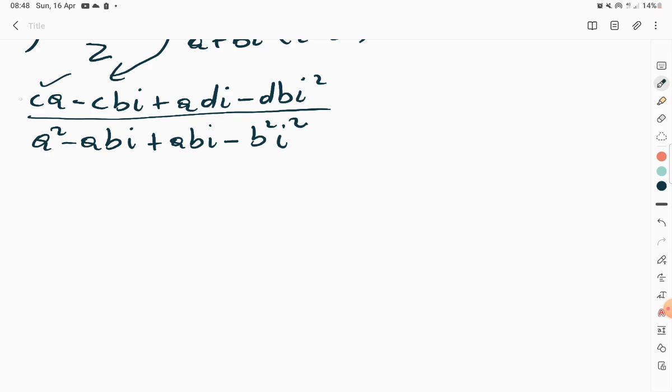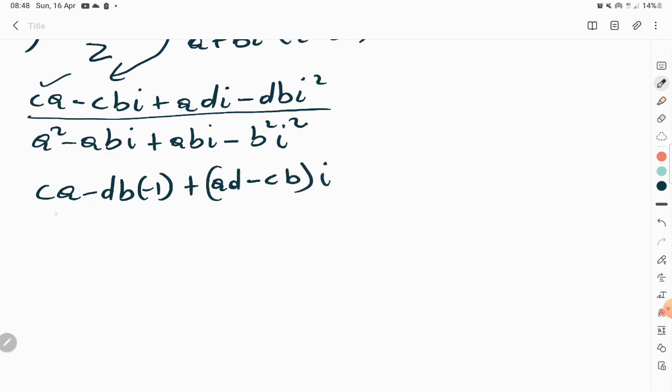Now, in the numerator, we simplify these. So we have ca, or ac, then minus db times -1. Then these ones we can probably leave this way, or take the common factor. So ca plus, you have ad minus cb, then i, all divided by this one.